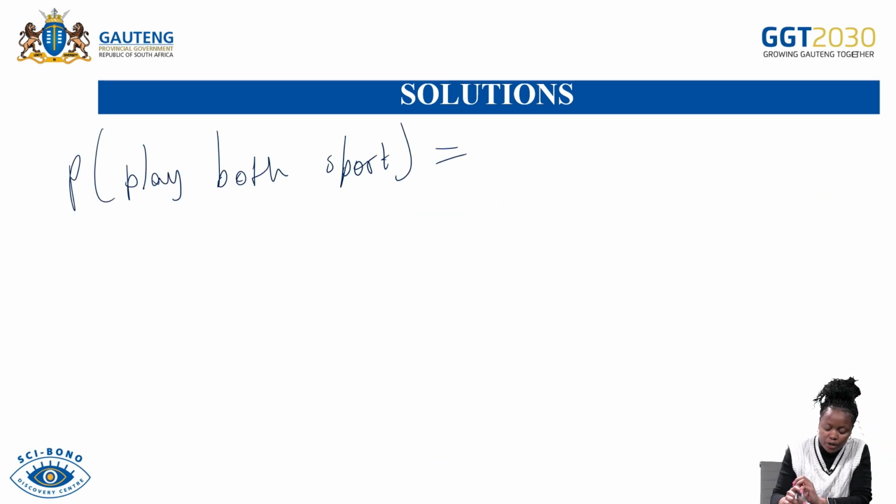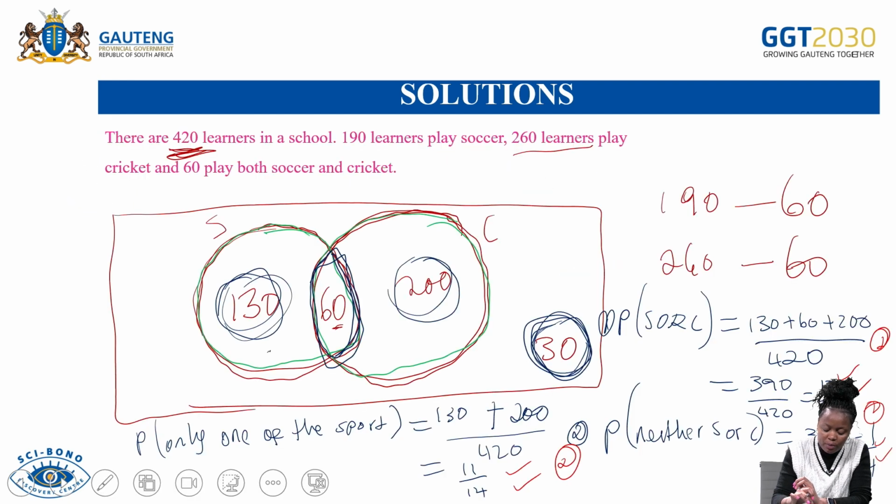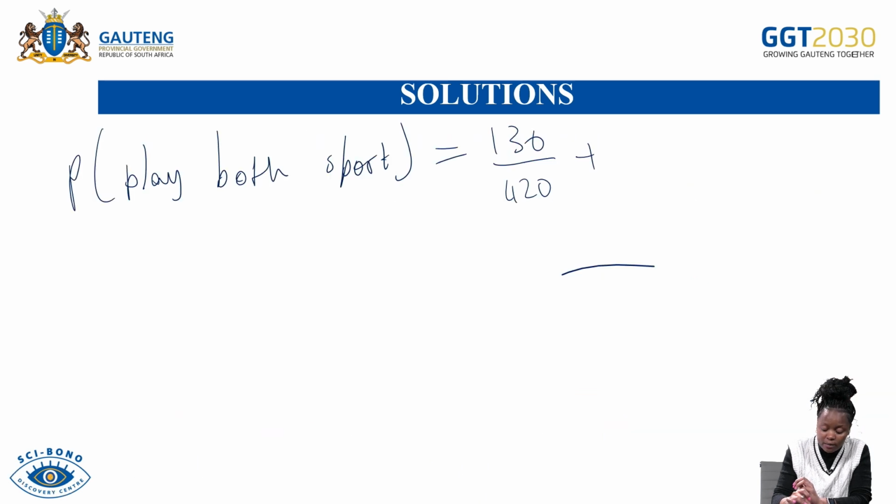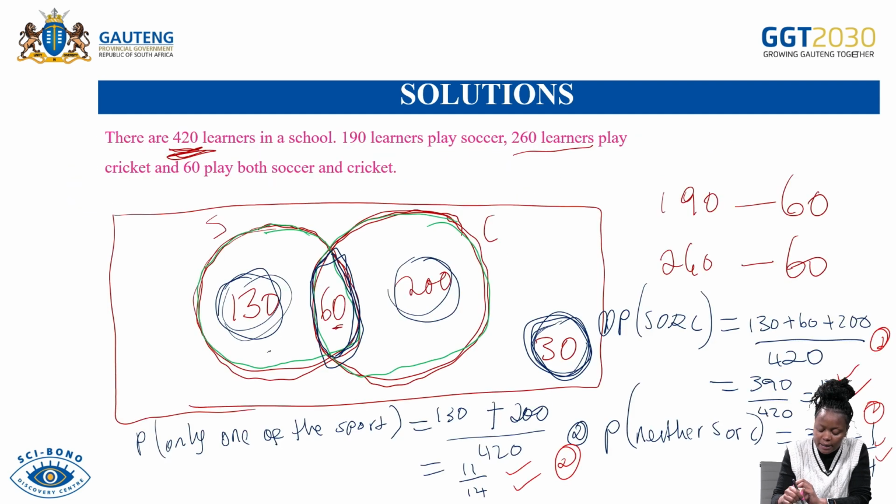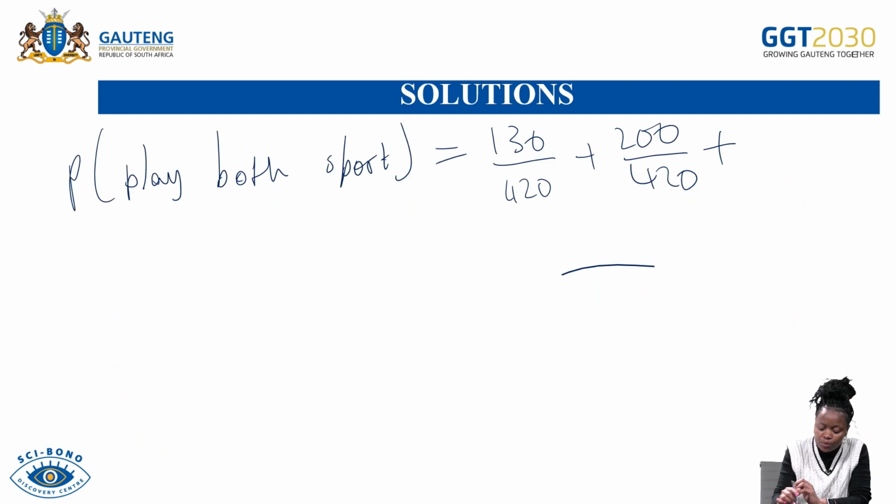So it means you are going to say it's 130 all over 420 plus the probability of getting a learner who's playing cricket only, which is 200 all over 420, plus the probability of getting a learner who does not play any of the sports, which is 30 all over 420. Then you add everything.